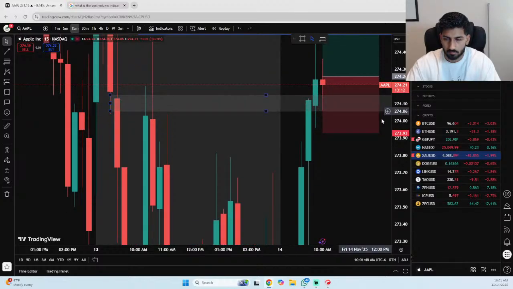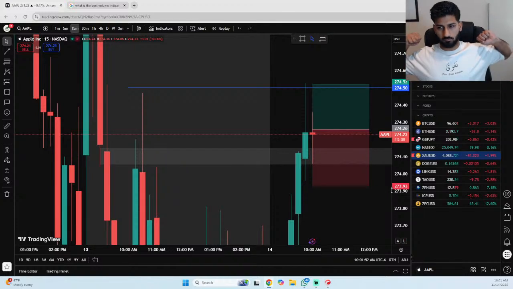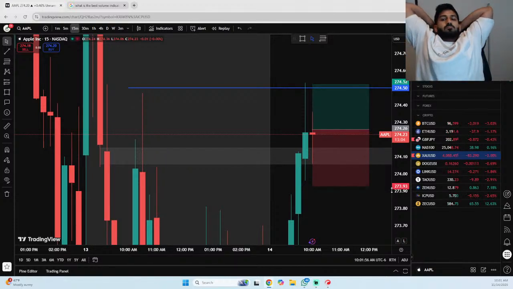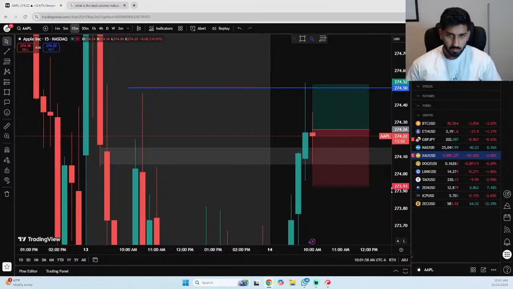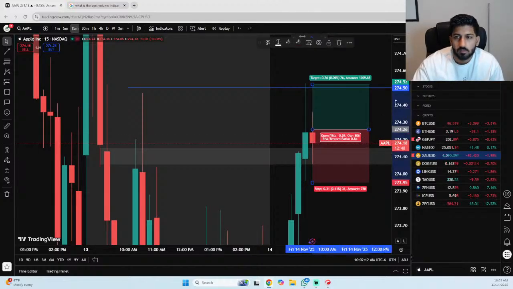Also, I want to see whether the trade we are going to take is worth the risk. If it comes under 1:1, at least it should be a 1:1.5 ratio. That's where I'll take that trade.